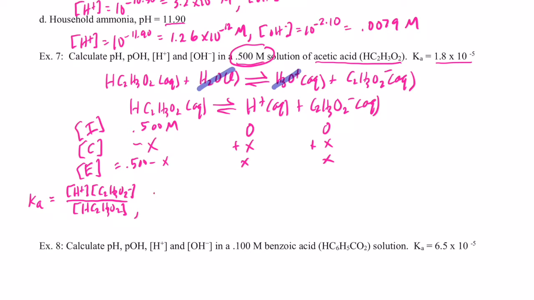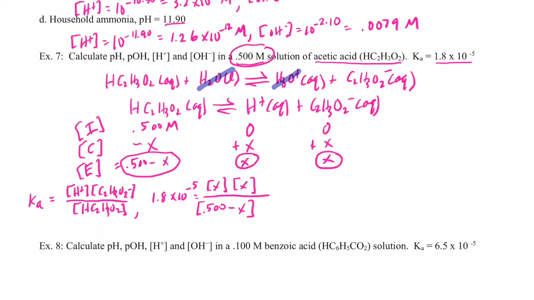My Ka was given, 1.8 times 10 to the negative 5th, and that will equal the hydrogen ion concentration at equilibrium, which we know is X, times the acetate ion concentration, which we know is X, all over the acetic acid concentration, which is 0.500 minus X. Right there, kiddos. So now this just becomes a simple math problem. We need to solve for X. Now we're going to make this a little bit easier.